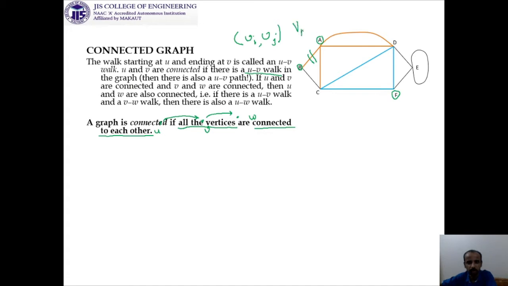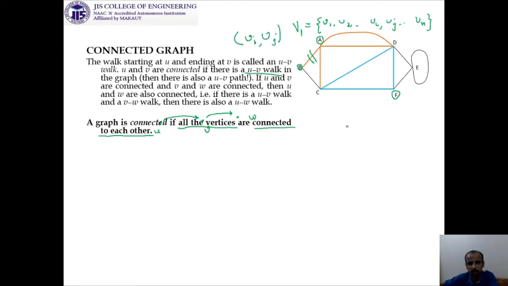If your vertex set is V1, V2, dot dot dot Vi, Vj, dot dot dot Vn, then you have to consider any pair Vi, Vj from this set, and for each and every pair there must be a path, and if it is true for a graph, then that graph is called a connected graph.